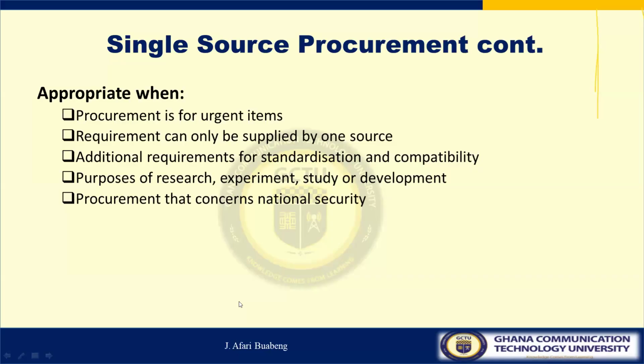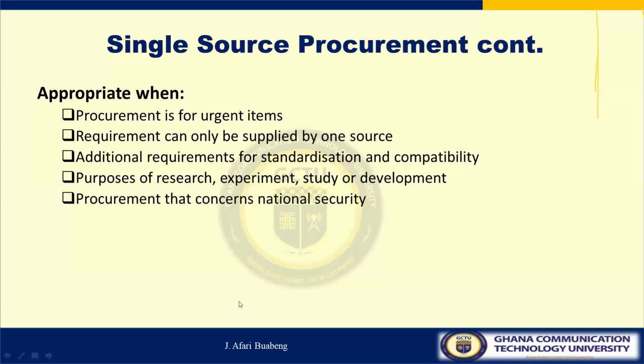But if you have the chance, if it is not about life and death, it's about something else. If you can actually wait, if you can actually do more evaluation, then I would advise that, to be able to get better value, even though it is an emergency, you use restricted tendering, because that will give you a better advantage.